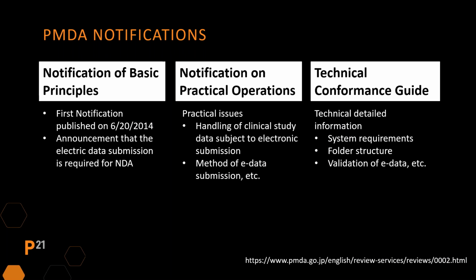Here is a list of major guidance documents you need when preparing study data for submission for PMDA. Notification of basic principle is the first announcement that the electronic data submission is required for NDA.